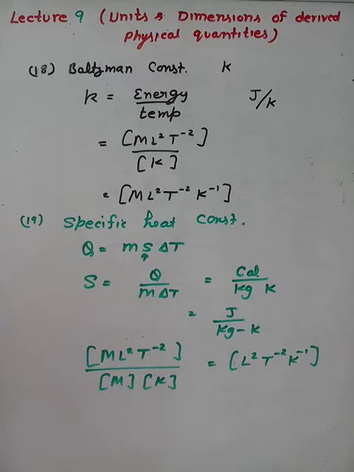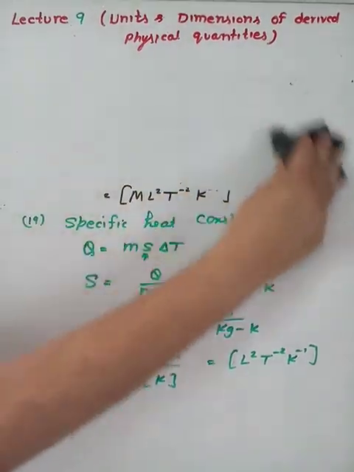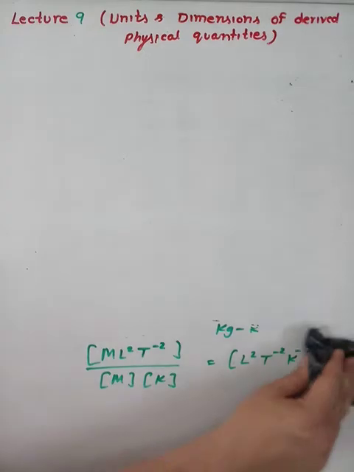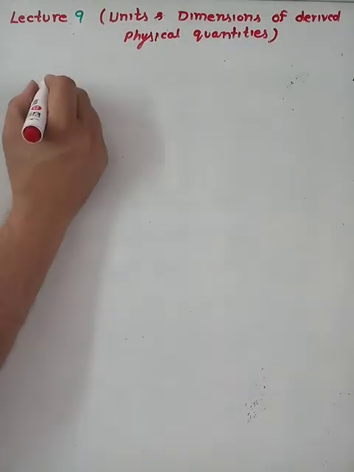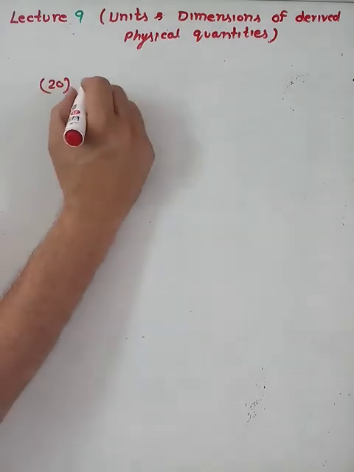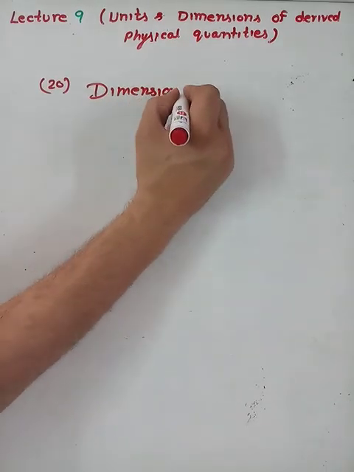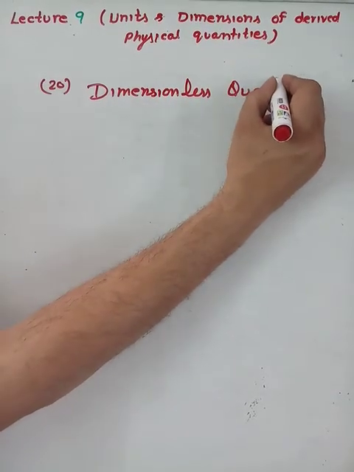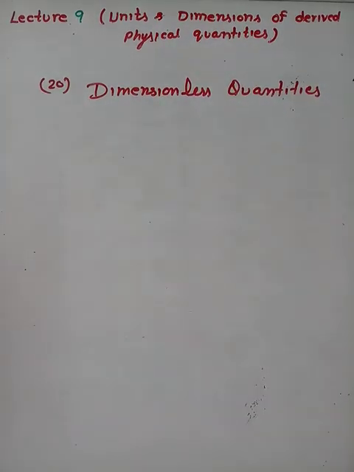The 20th one, the last one, is dimensionless quantities. Those quantities which do not possess any dimensions.